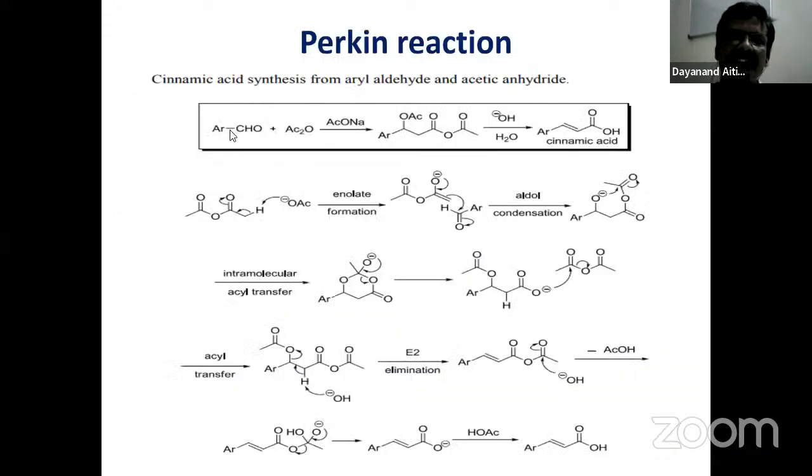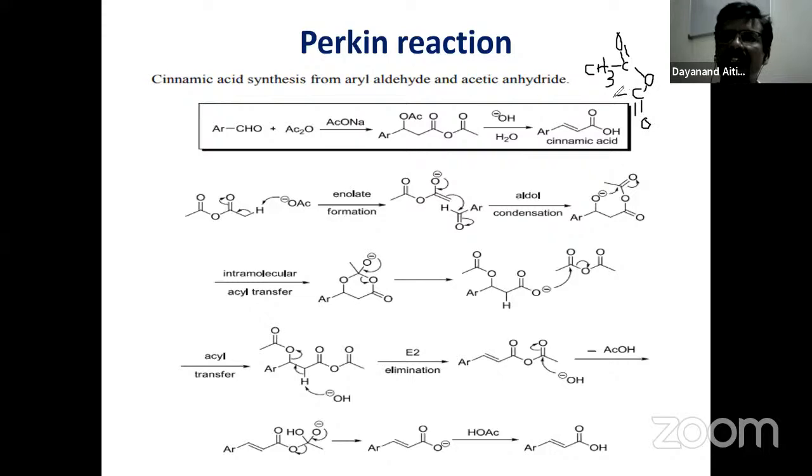Okay, the same thing. Perkin reaction, if you take it, is also similar to that of aldol condensation, but here we are using acid anhydride. For example, acetic anhydride: CH3, C double bond O, O, C double bond O, CH3.